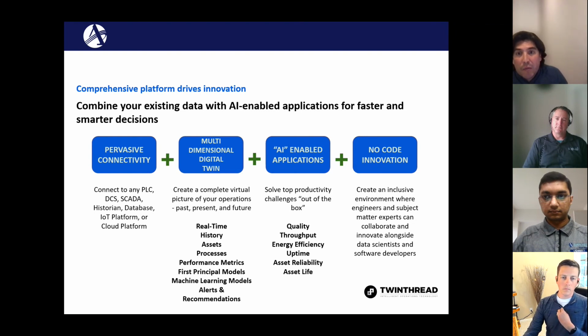So our platform delivers both process and asset-centric solutions that scale and enable your subject matter experts to operationalize actions that will improve the efficiency of the fleet, as well as drive and help enable autonomous services and create new business opportunities from that. The platform is extremely flexible and it allows our customers to leverage their existing investments, their IoT platforms as well, to drive innovation across the entire organization.